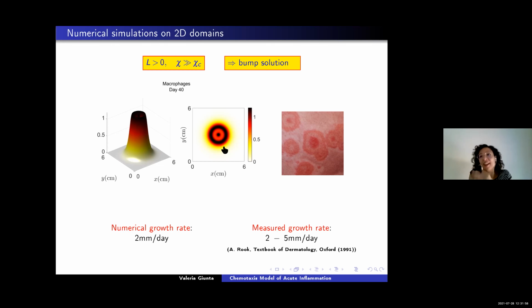Here we use a simplification of the domain, a domain which is a simplification of what happens on your skin. This is the reason why here we obtain symmetry, and on the skin, and in general in nature, you can't see this kind of symmetry.